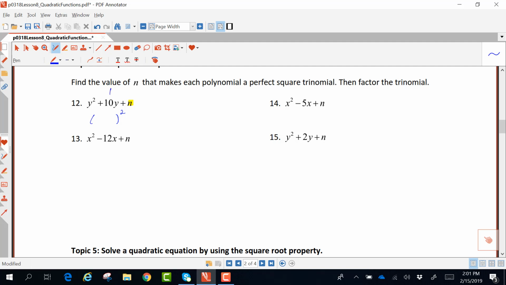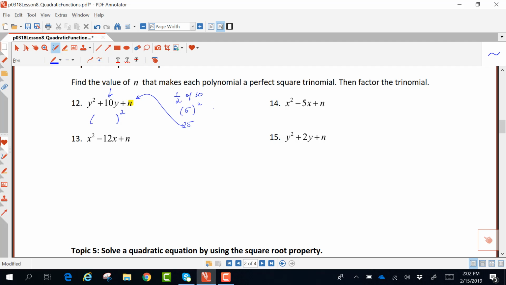We want to refer to the middle coefficient, the 10, and the process is to take 1/2 of that middle coefficient, 1/2 of 10, which is 5. This number, I then square it, resulting in a 25. This 25 is what you want this n to be, so this can be written as a perfect square.